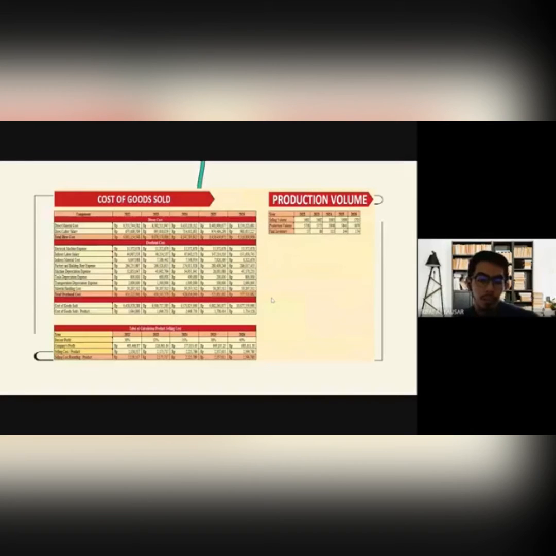Okay, this is the calculation of the cost of goods sold. So at the end, we have selling cost per product of about 2,100,000, and each year we increase the percentage of profit that we take from 30% to 32% to 35%, 38%, and 40%.